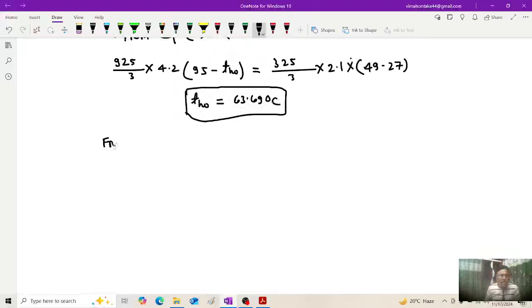So I am taking equation number 3. From equation 3, that is Q is equal to m dot H CPH THI minus THO.